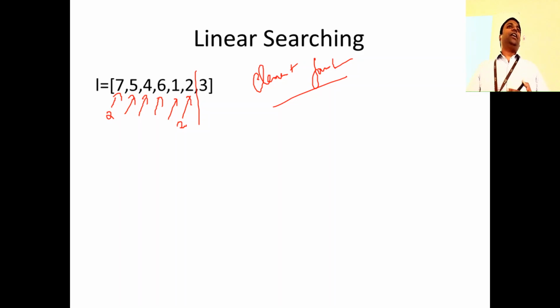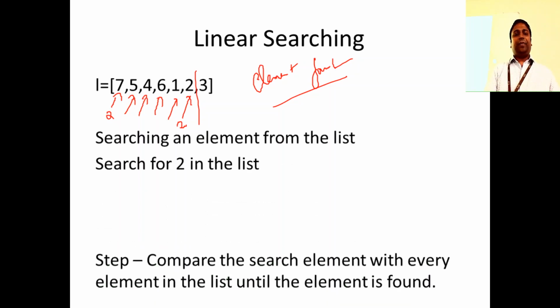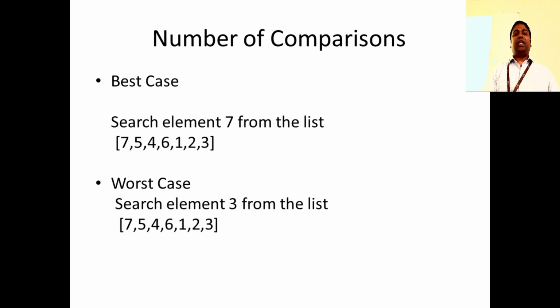It's going to take a long time, many hours maybe. That's the disadvantage of linear search. When you're using a large input data size, it's going to take a lot of time depending on the data size. So we'll take a look at some of the best case scenarios here.